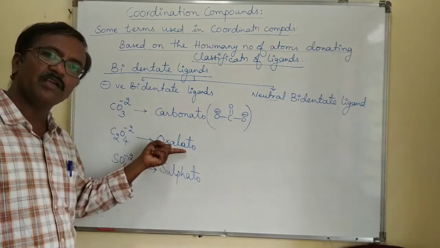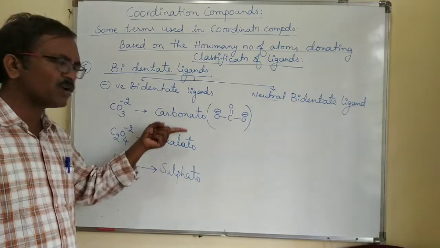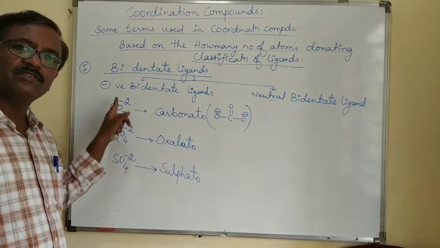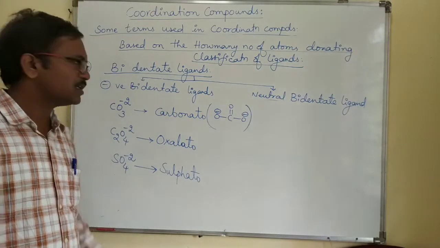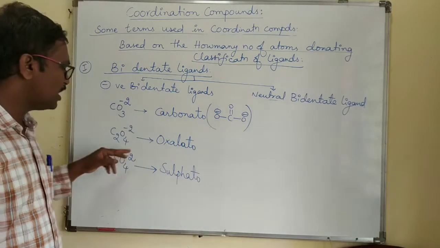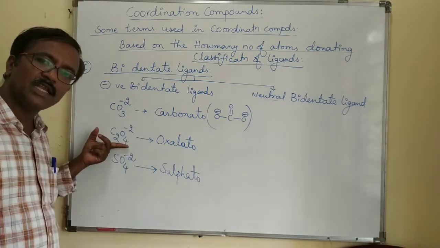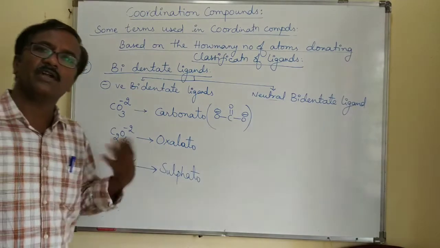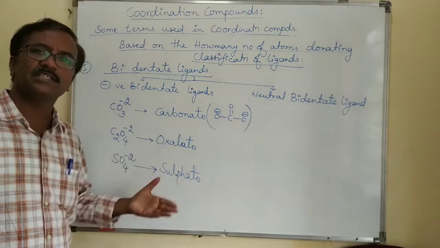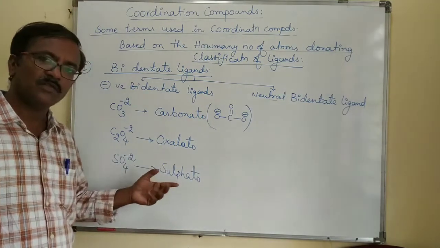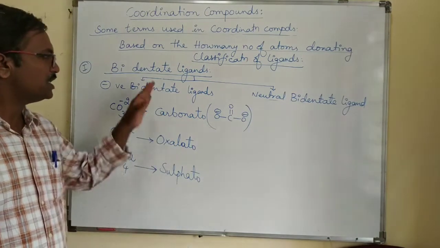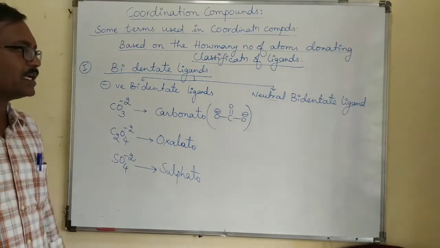What is the CO3 minus 2 ion in general terms? Carbonate ion, sulfate ion, oxalate ion. But in nomenclature we generally represent them as carbonato, oxalato, sulfato in coordination chemistry. These are the three bidentate ligands.